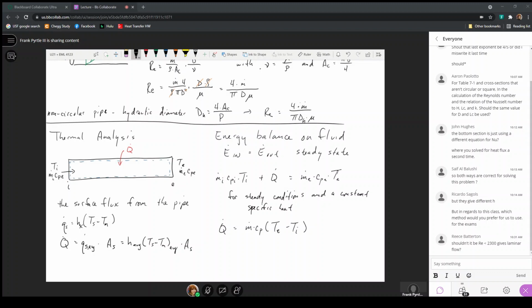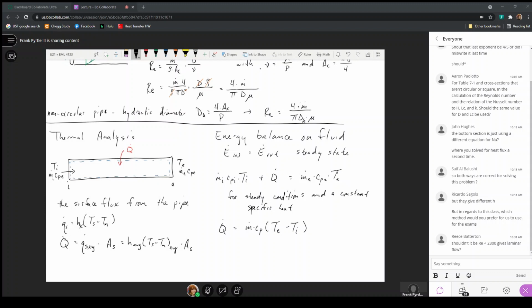So this expression of a heat transfer rate for a surface heat flux from the pipe would be equated to the enthalpy change that occurs in the fluid, and that's just the sum of the internal energy plus the flow energy associated with the fluid. But when we're considering expressions for the thermal analysis of these problems, it's going to be based on a heat transfer rate into the fluid if we're heating the fluid from the surface of the pipe into the fluid, so that the energy in the fluid is increasing if we're heating it.